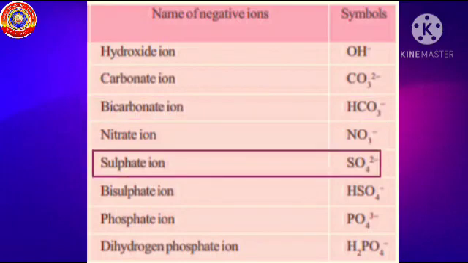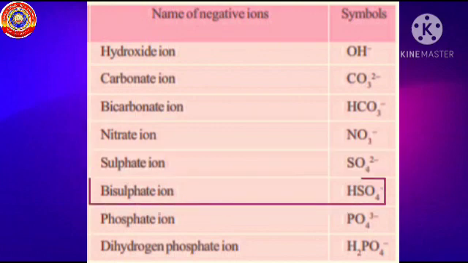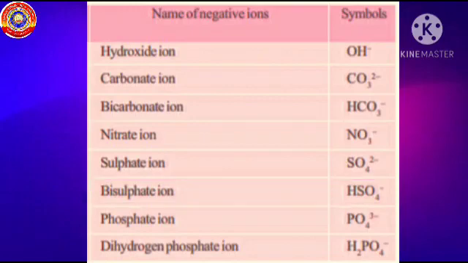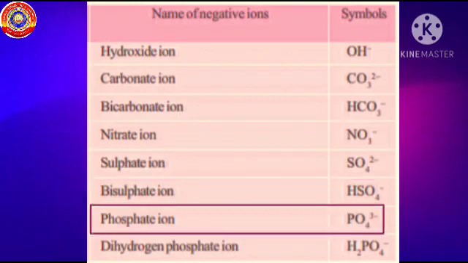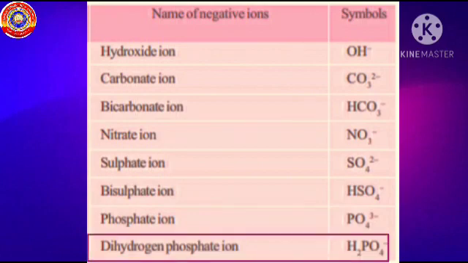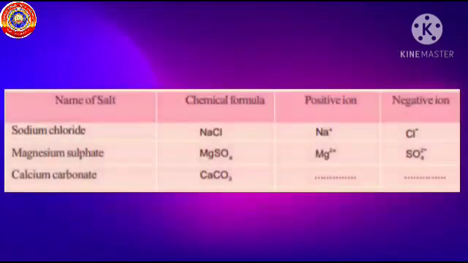Sulfate ion, SO4 2-. Bisulfate ion, HSO4-. Phosphate ion, PO4 3-. And dihydrogen phosphate ion, H2PO4-. See, the name of few salts and their chemical formulae are given in the table.